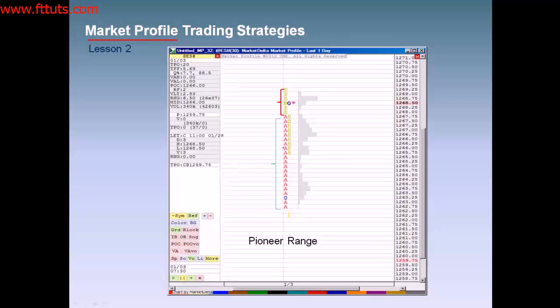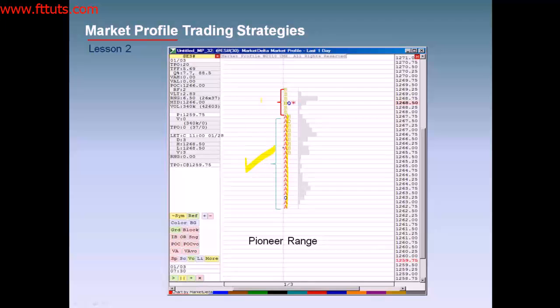Since a picture is worth 1,000 words, let's take a look at what a pioneer range means. We have two pioneer ranges here. First, when we only had the A period, those were all brand new TPOs in that session, and therefore they gave us our first range. That was a pioneer range.